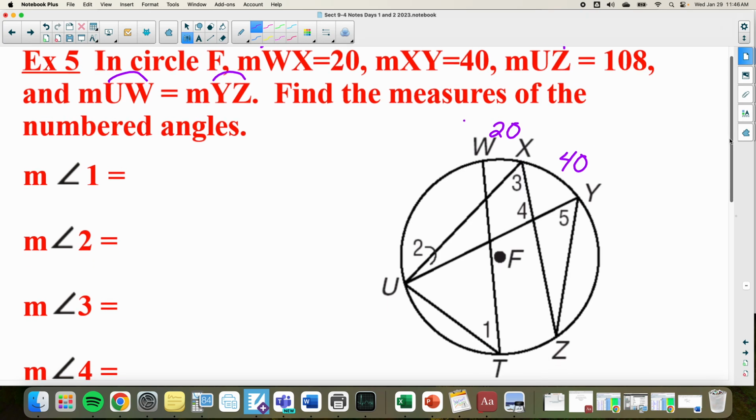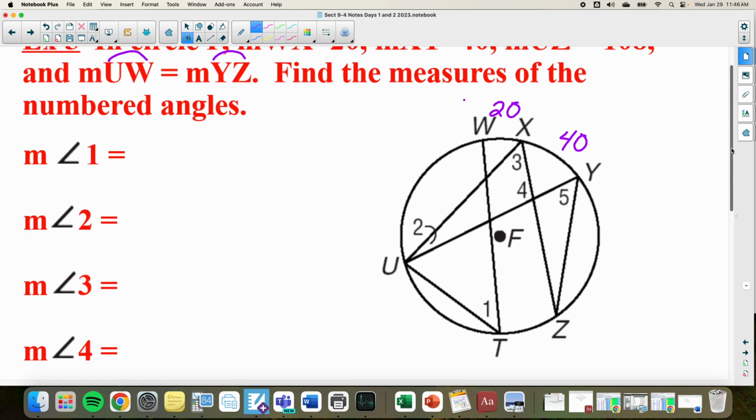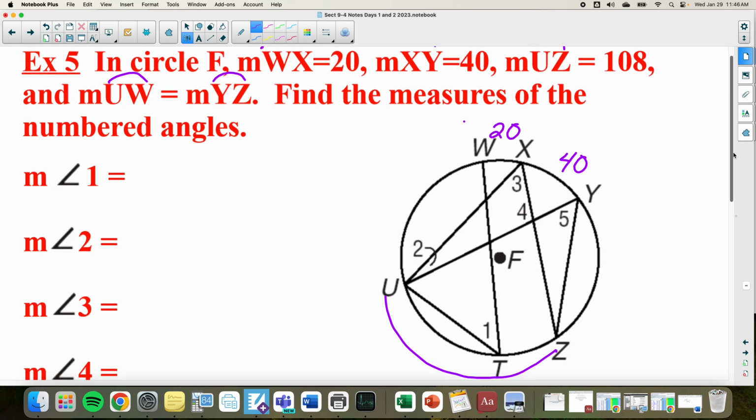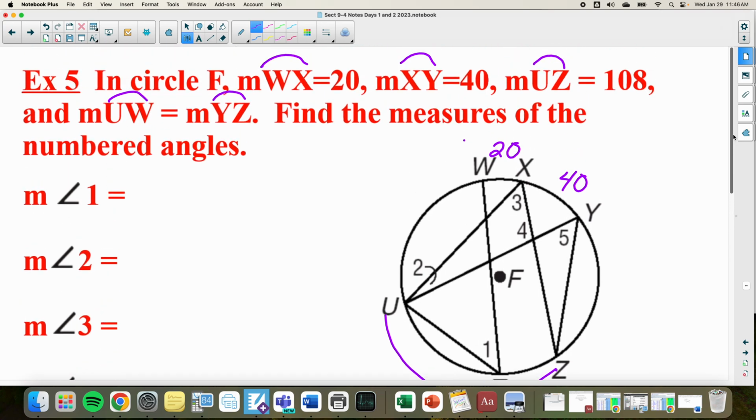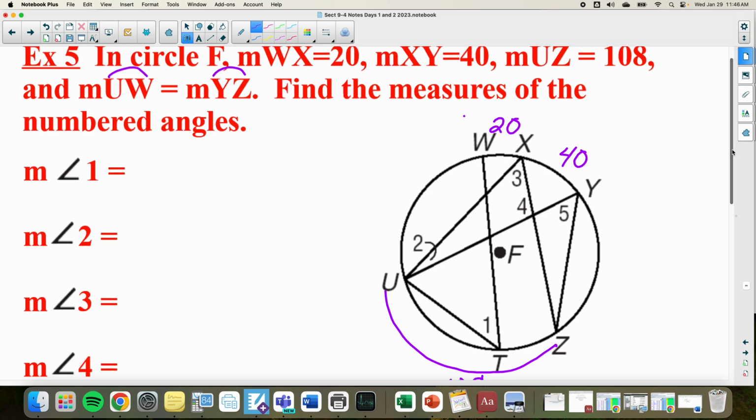From U to Z. Now if you guys notice here, U to Z is this whole thing. And that one they're saying is 108. Then they tell us that UW, which is right here, equals YZ, which is right there, okay?